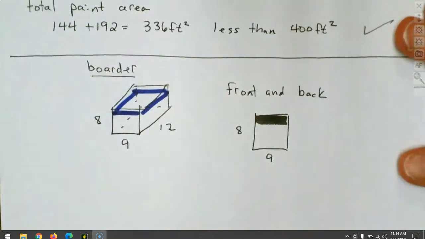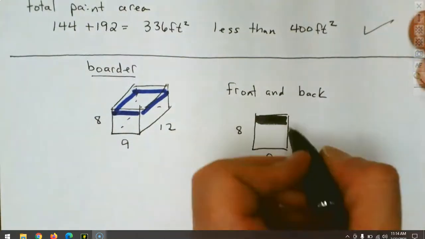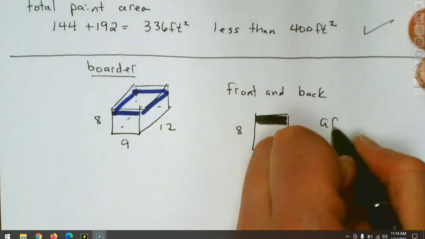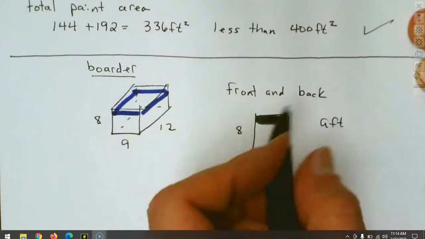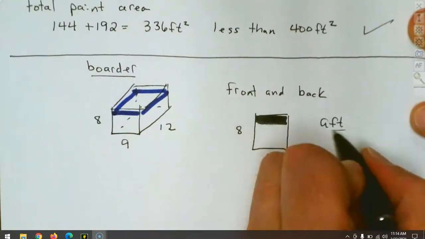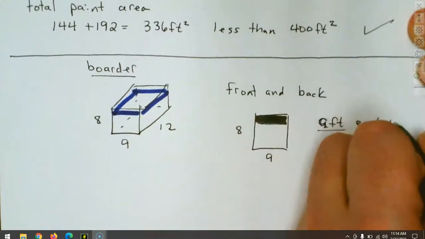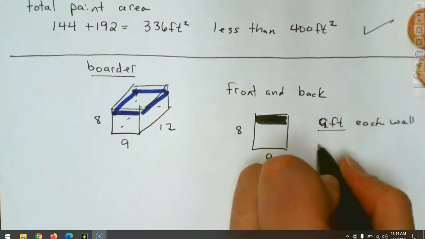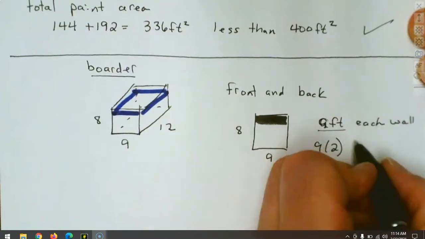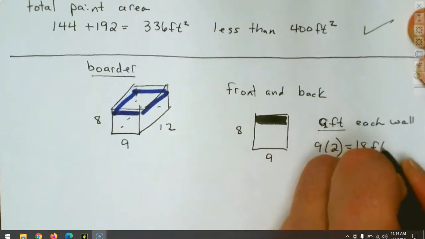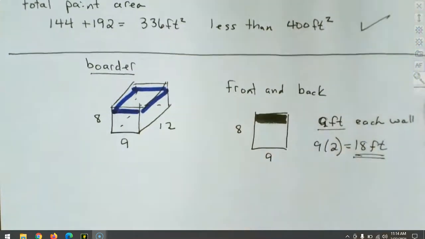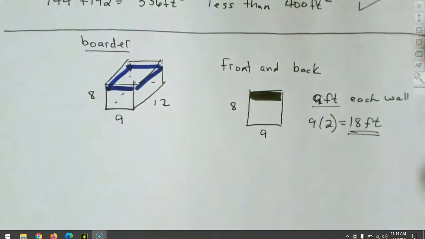So we've got 9 feet of border for each wall. So that 9 times 2, that gives me then 18 feet of border. So that's what we've got for the front and the back.